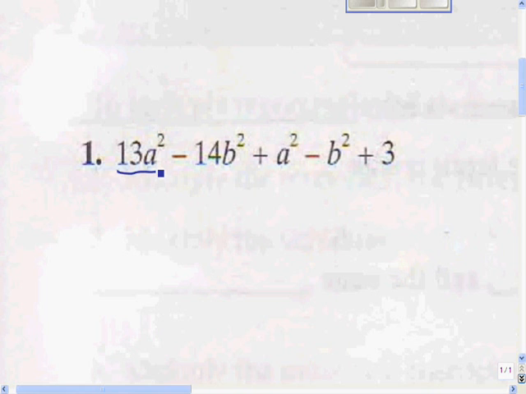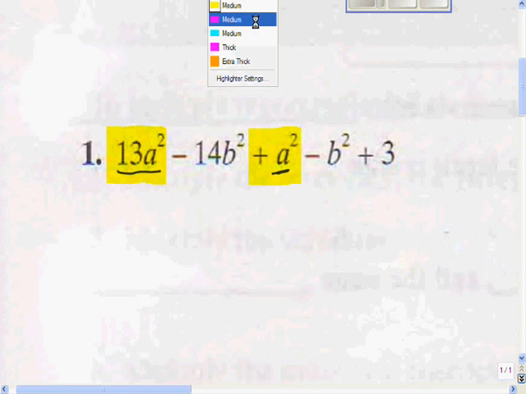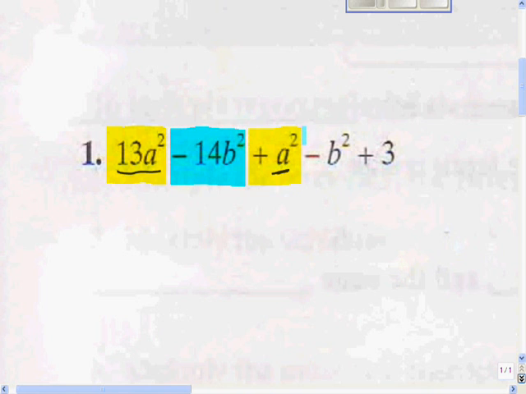I see the 13a squared and the positive a squared are like terms, and then I see the negative 14b squared and the negative b squared are like terms, and then I see the 3 all by itself.